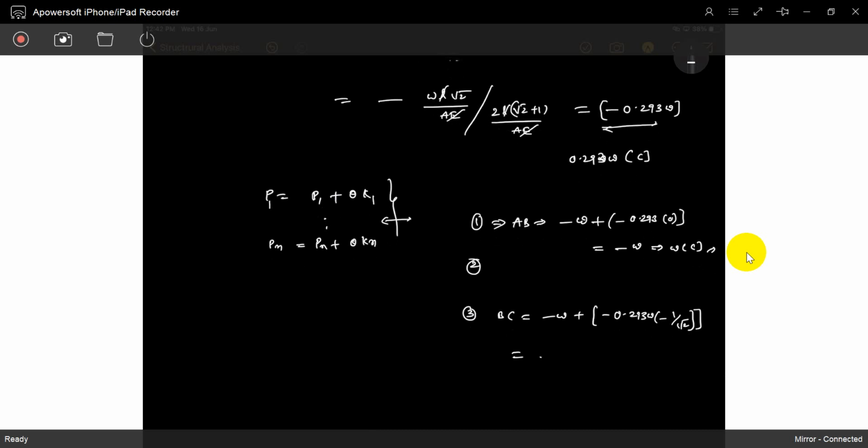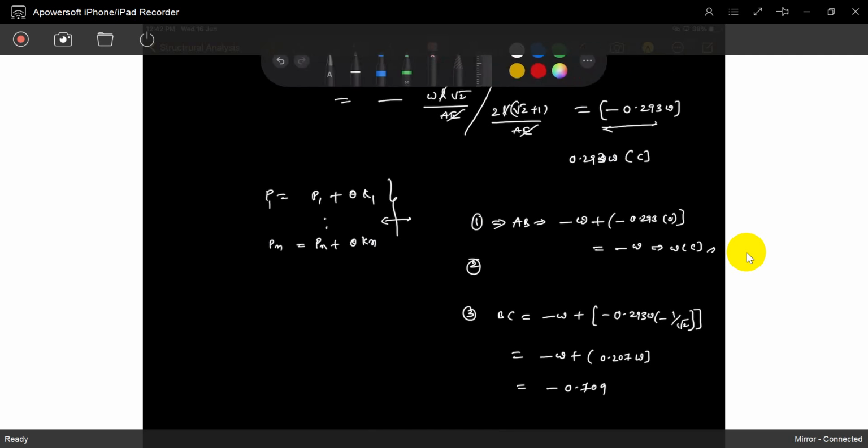So minus W, this is a plus, minus plus 0.207 W. So 1 minus the answer is minus of 0.709 W. Otherwise you can write it as 0.79 compression.